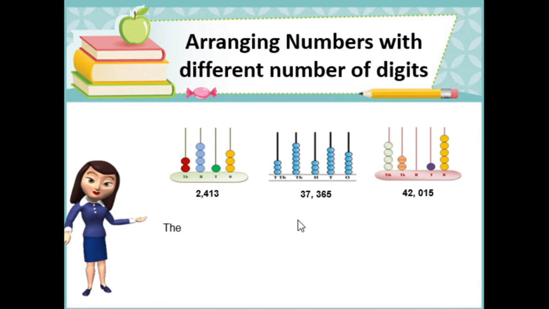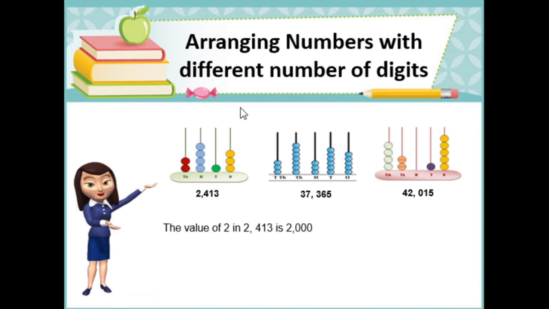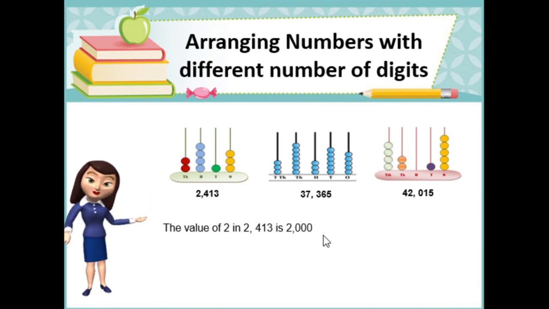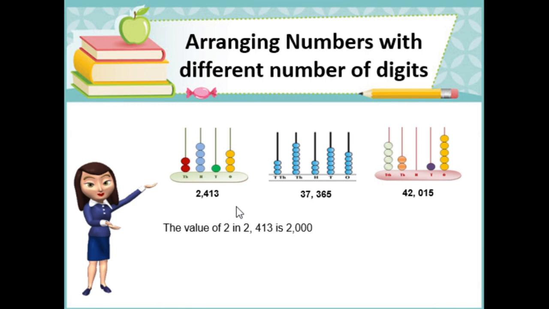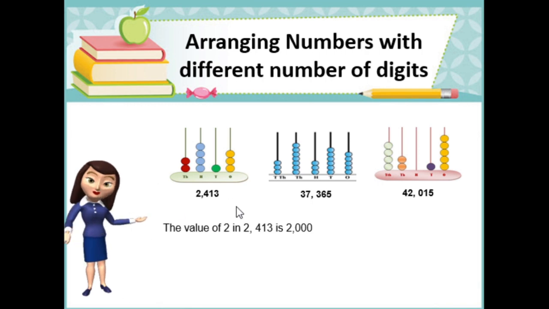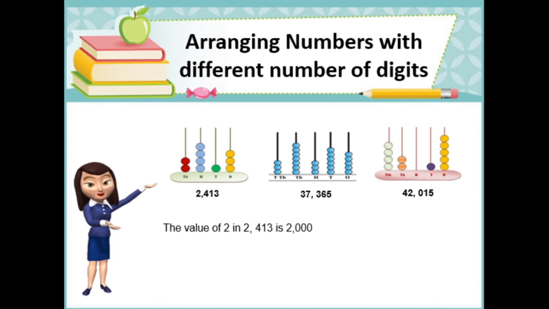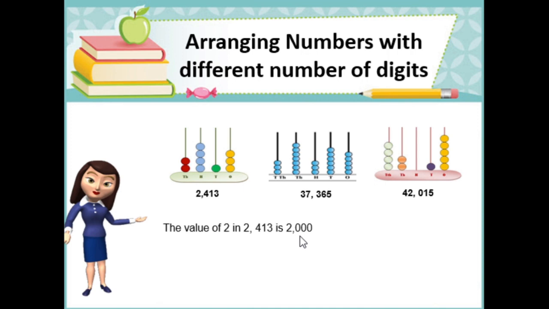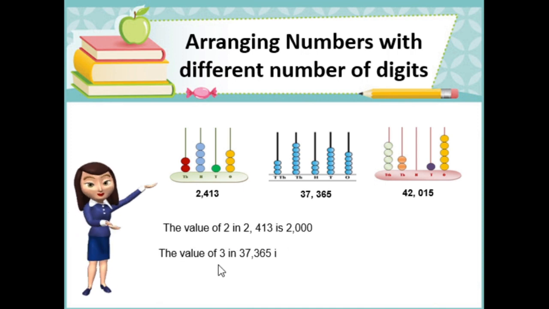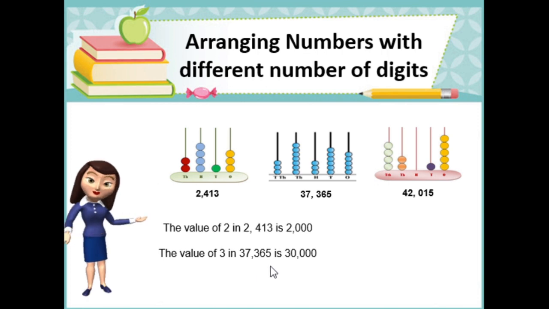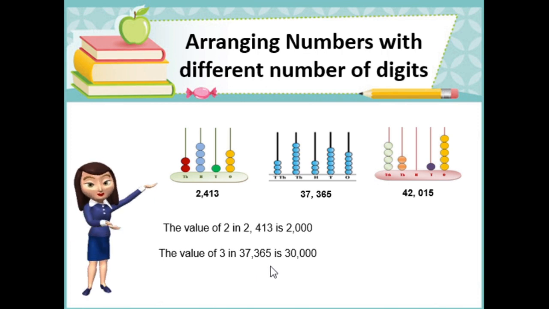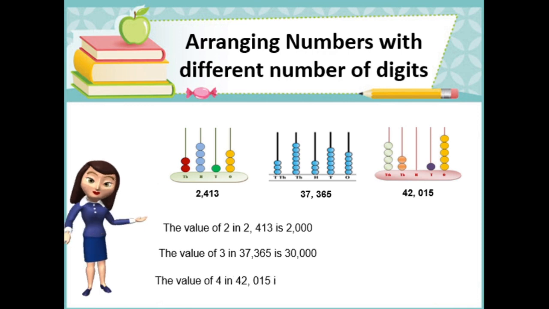In this case, we can apply counting the number of digits in each number and finding the value of each digit in the first place value. So the value of 2 in 2,413 is 2,000. The value of 3 in 37,365 is 30,000. And the value of 4 in 42,015 is 40,000.